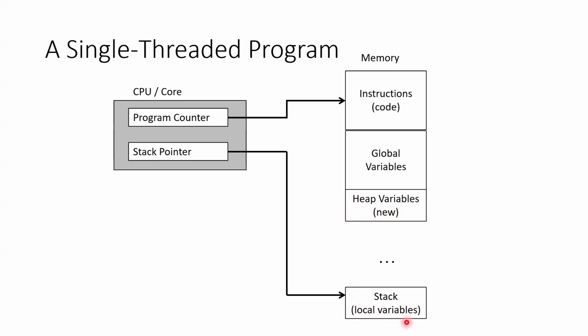At the end, we have the stack that starts at the largest address, which you should already know, and it grows upwards. That stores the local variables. In a single-threaded program, the program counter always points to the instructions. The stack pointer always points to its stack.